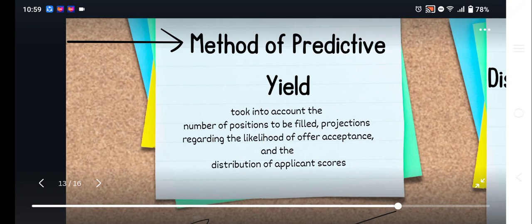This is a technique for setting cut scores which takes into account the number of positions to be filled, projections regarding the likelihood of offer acceptance, and the distribution of applicant scores. Okay?